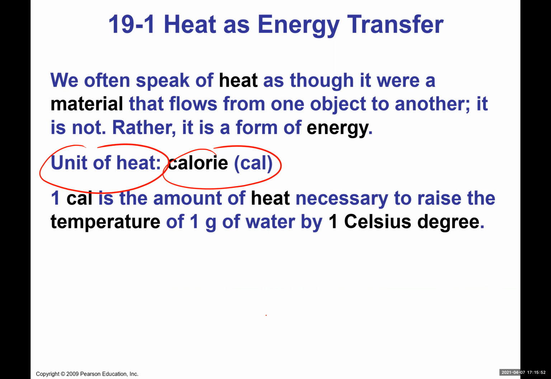So you buy anything in the US, the amount of energy it contains is given in calories. You buy a chocolate bar, and the chocolate bar has, let's say, 300 calories. That means if you eat the chocolate bar, the food itself can give you 300 calories equivalent of energy.